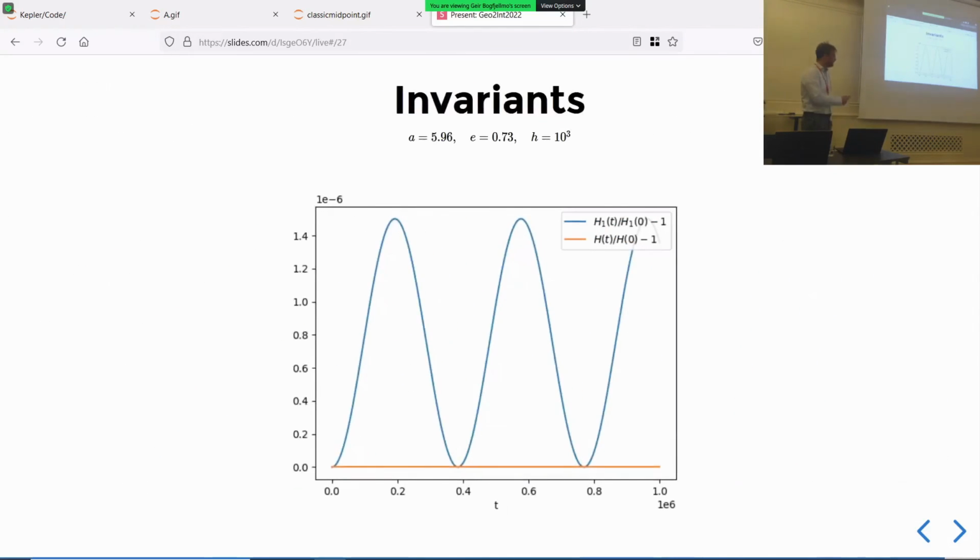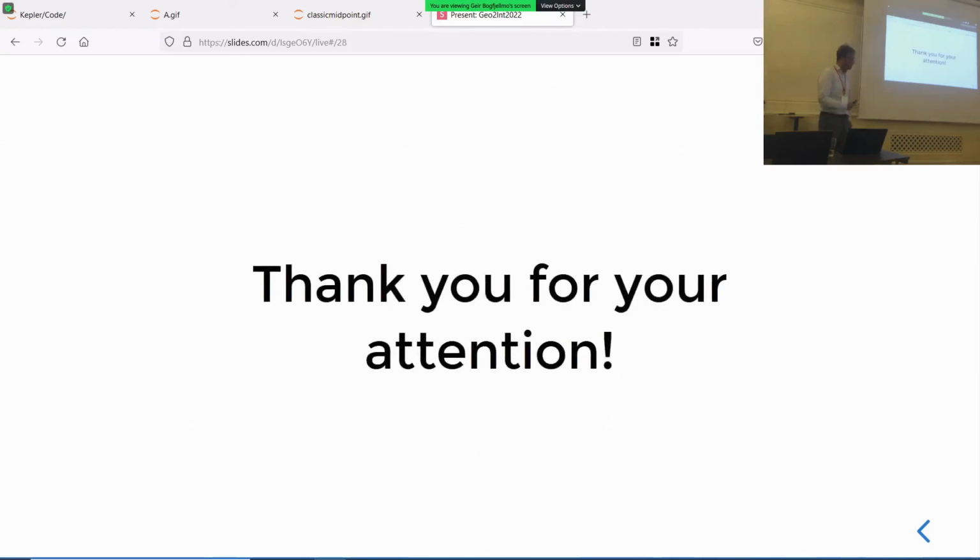And of course the invariant, the original Hamiltonian, that's just staying on the sphere, is perfectly preserved, and the H1, which is this perturbation term, you expect it to change, and periodically, and we see that. So that's it. Thank you for your attention.